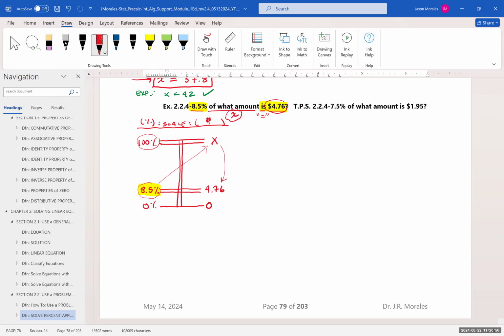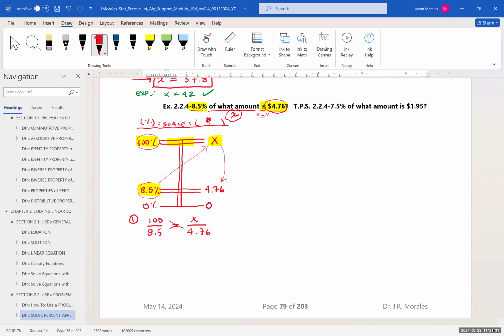So now we can go ahead and set this up. Now that we've got this relationship, we can calculate it. So 100 is equal to X. So we can set this up as an equivalence of ratios. So we've got 100 is equal to X, and 8.5 is equal to $4.76.